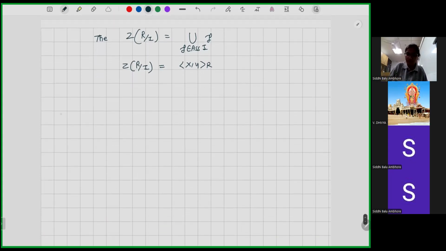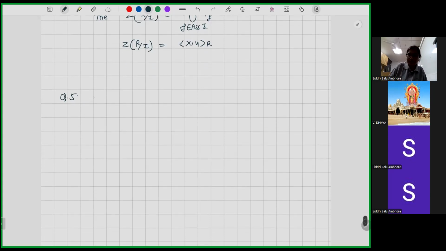Okay, great. Let us move to the next question: let M be a graded R module, and let this M dash, or M1, whatever you want to call it, be the shifted degree module.